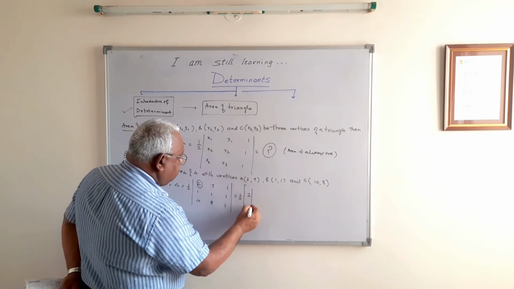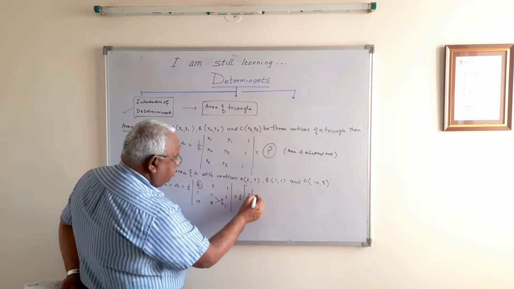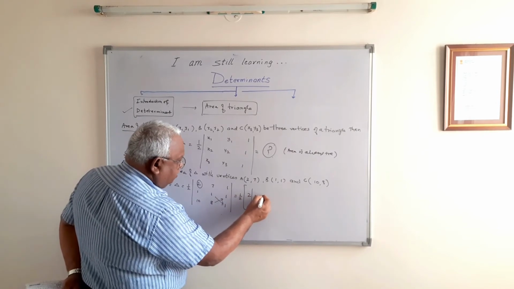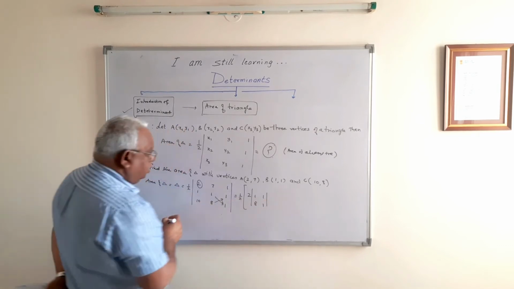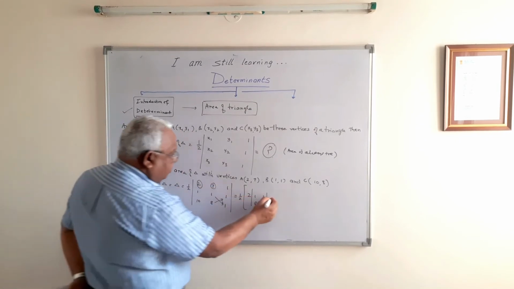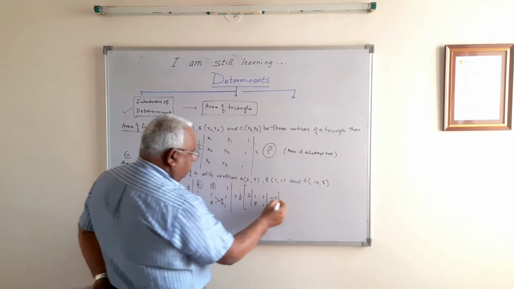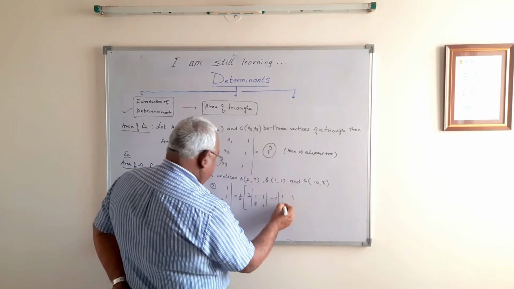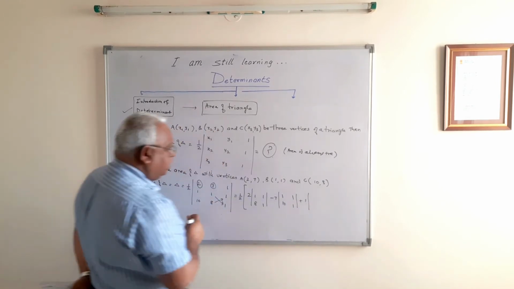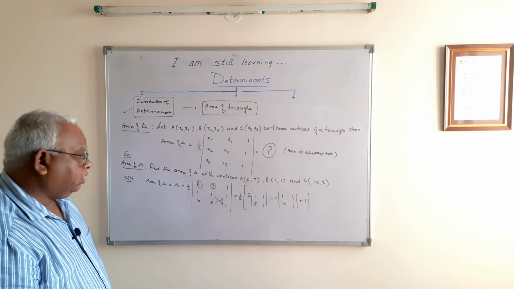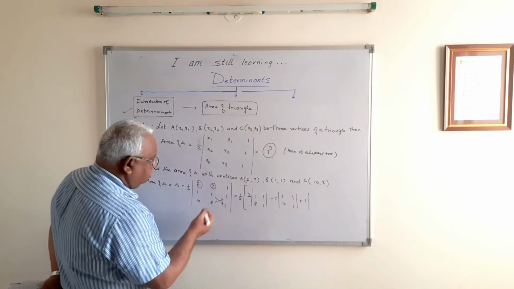So you will get 2 times the minor, then the second element is 7, which is minus 7 times its minor, and then plus 1 times its minor. Just check. You can check my calculation, and if you find any suggestion, you can put it in the description, right?